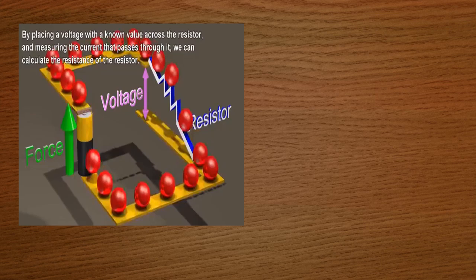So I think you have a little bit of an idea about resistance right now. The function of this resistance is to make an obstacle in the flow of electrons or electricity.